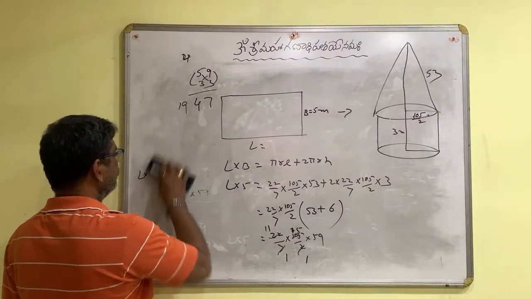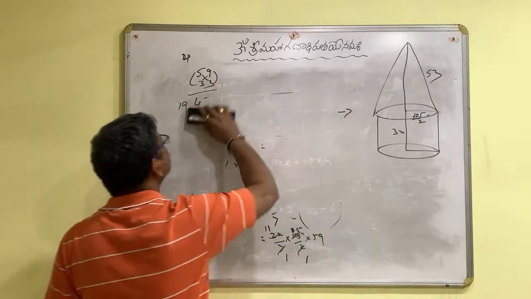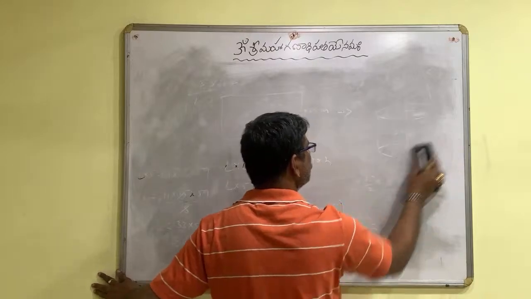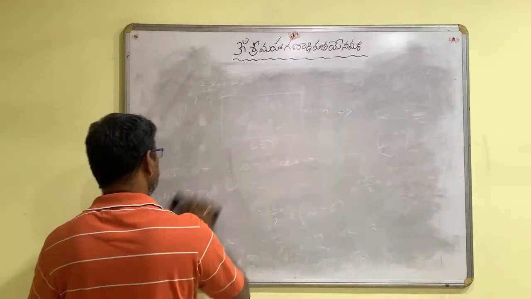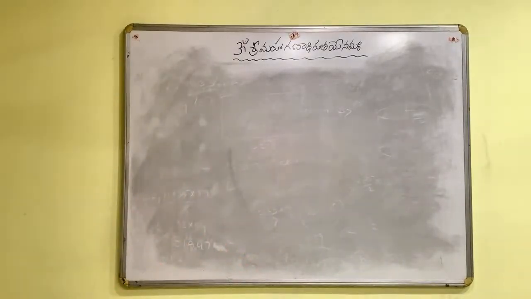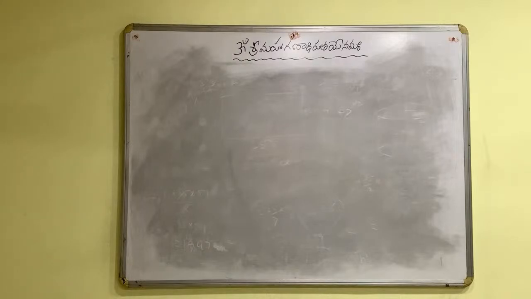Today's last question. An iron pillar consists of a cylindrical portion 2.8 meters high and 20 centimeters in diameter and a cone 42 centimeters high surmounting it.